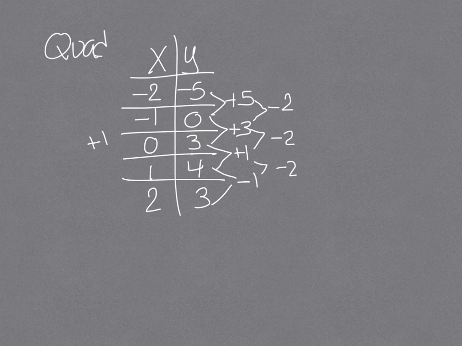Our turnaround, when did we go from adding to subtracting? So we did that right here. It went from adding 1 and then to subtracting 1. So that means that this is our vertex, our turnaround is 1, 4. I don't know if it's going up or down.